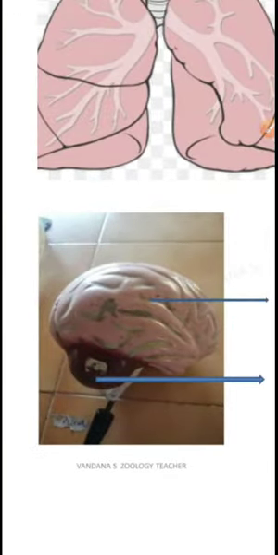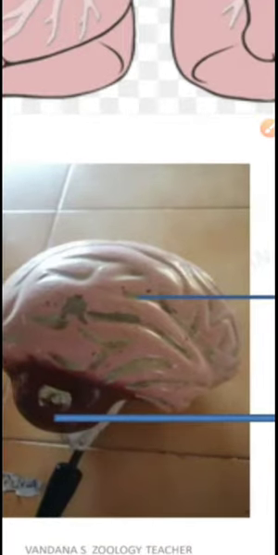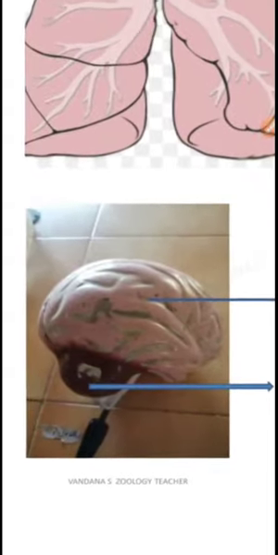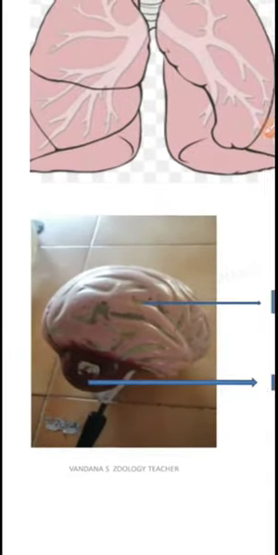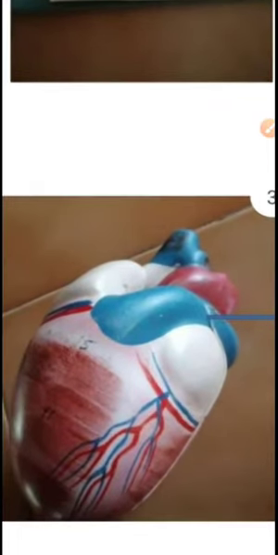Brain controls all the bodily activities. It is the seat of memory, intelligence, controls body balance, etc. Anyone will do. Next, heart.